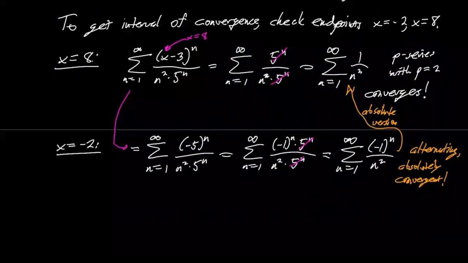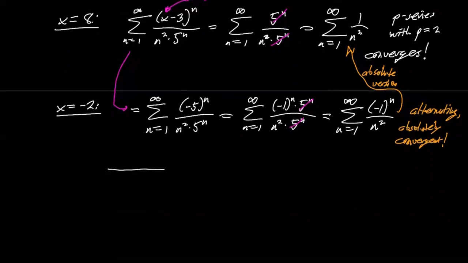So if we draw the interval again, centered at 3, 5 units to the right gives us 8, 5 units less gives us -2. Then we actually know that this converges at -2, so I can fill that in from -2 to 8. So it converges at both endpoints and it diverges outside of that.